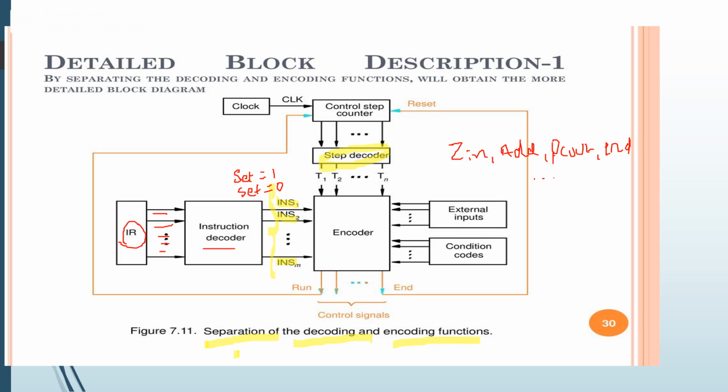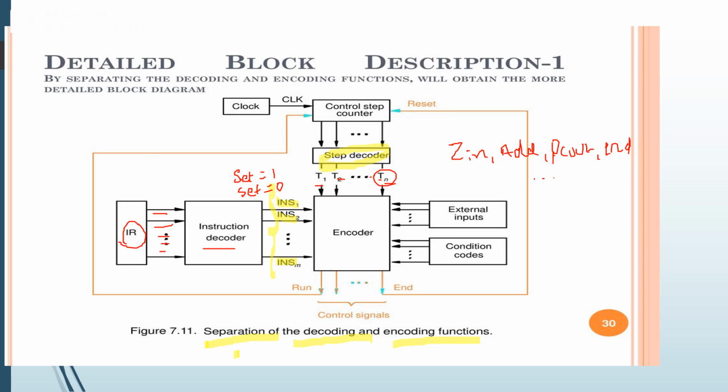The instruction decoder will select any one instruction among m number of instructions, and the step decoder provides a separate signal line for each step in the control sequence, like T1, T2 till Tn.